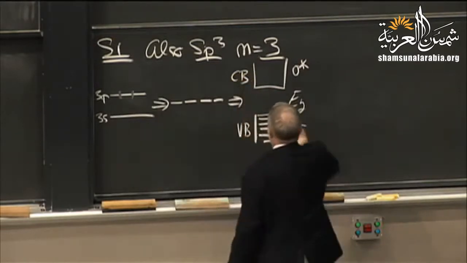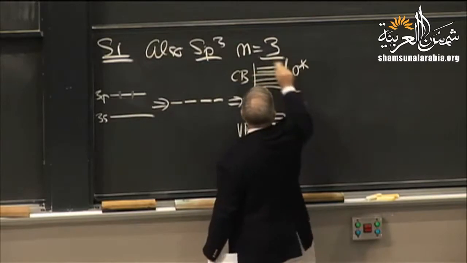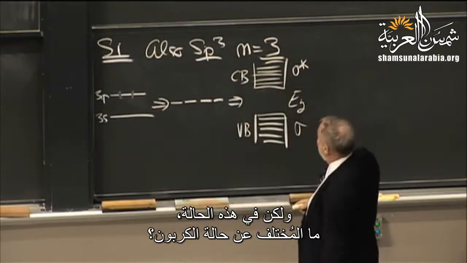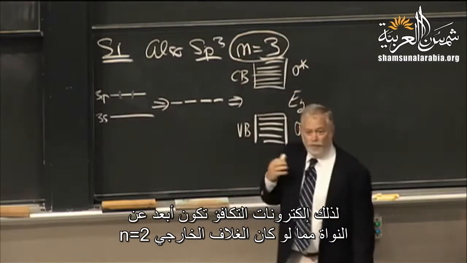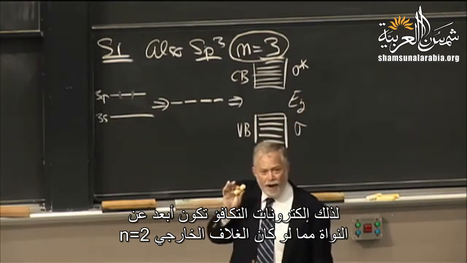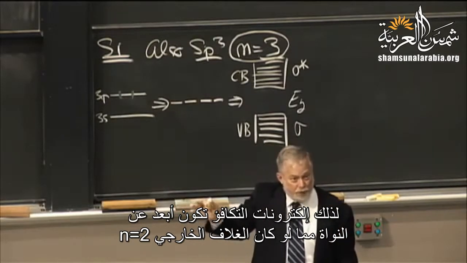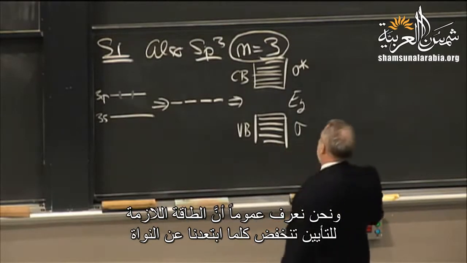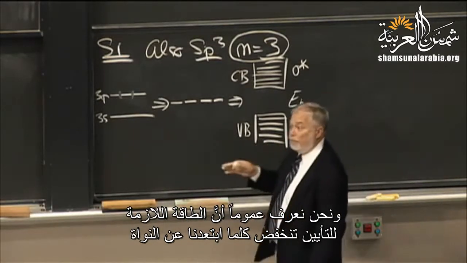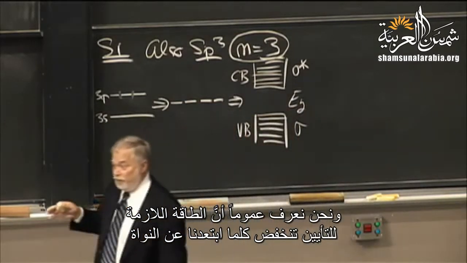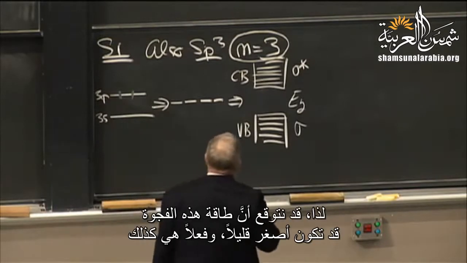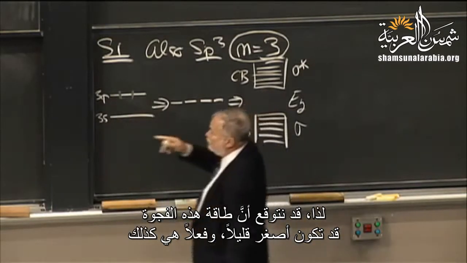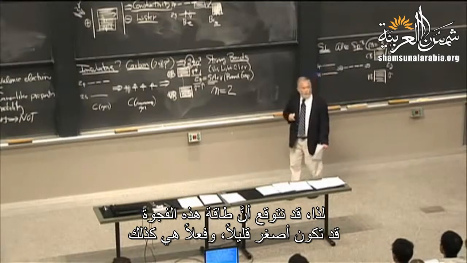And now we have states up here. But in this case, what do you figure? N equals 3. So those valence electrons are hanging out further away from the nucleus, right? And we know generally that the valence electron energy drops off as we get further away from the nucleus. So you might expect that the energy of this gap would be a little bit smaller.